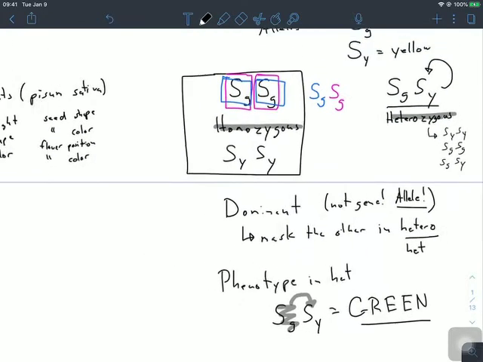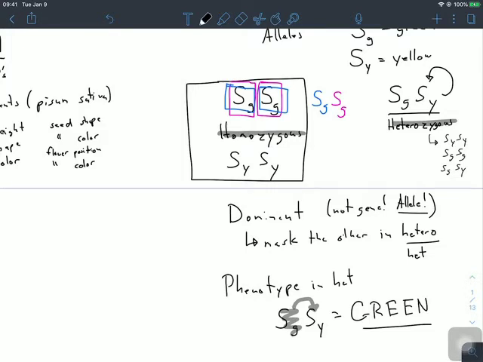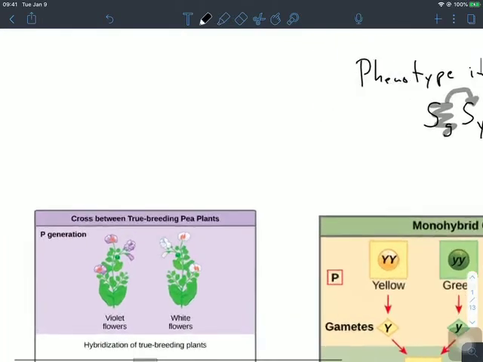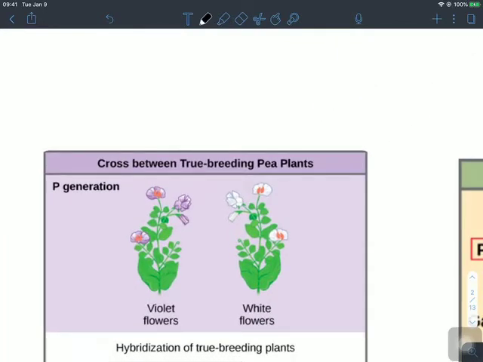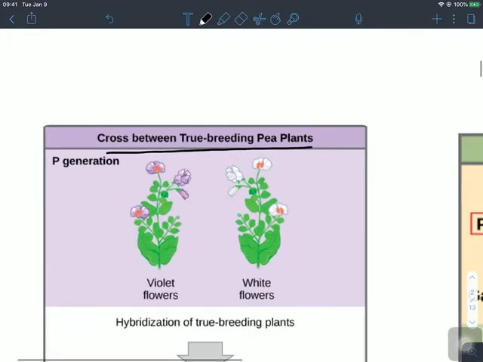Once we have this understanding of dominance, recessive, heterozygous, homozygous, we can start building it out to more complex crosses. For example, a cross between two true breeding pea plants with different flower colors, violet and white.